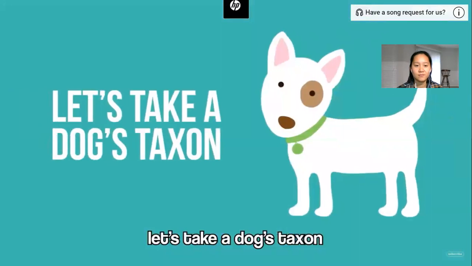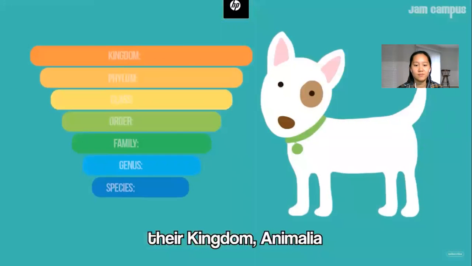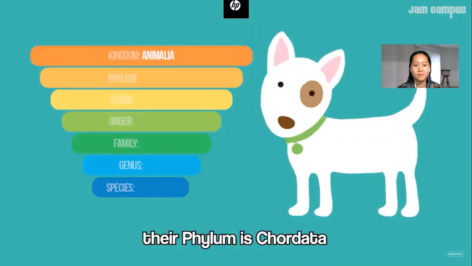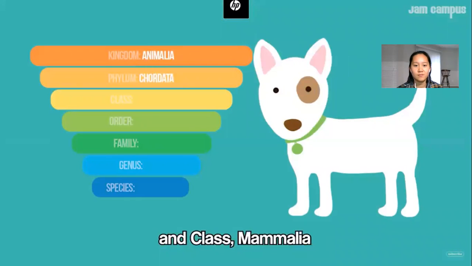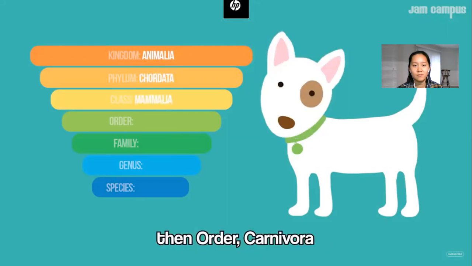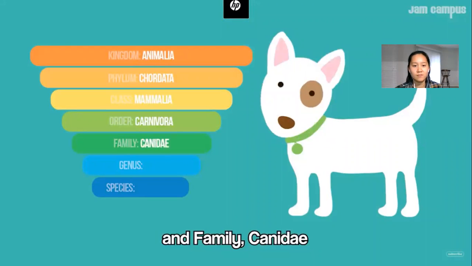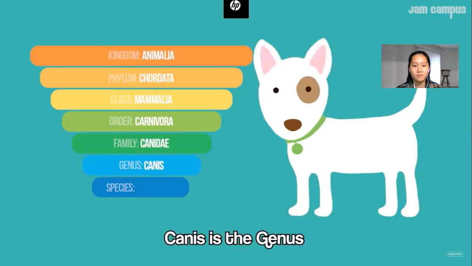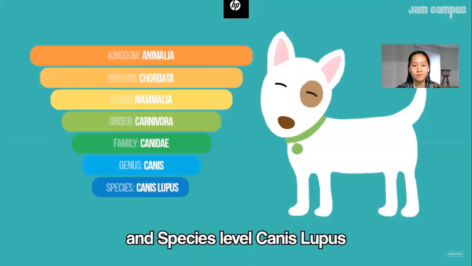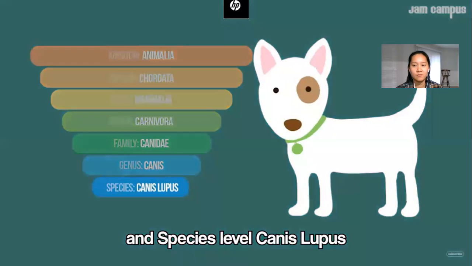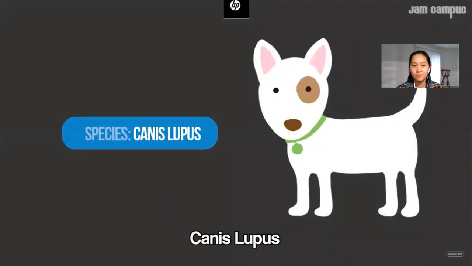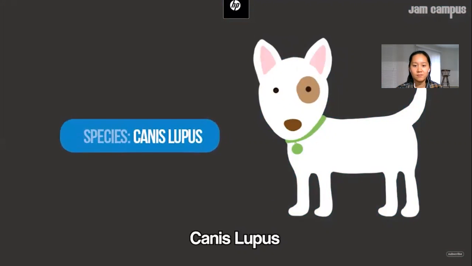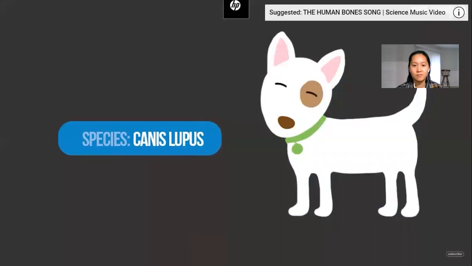Now let's take a large taxon: the kingdom Animalia, the phylum is Chordata, class Mammalia, then order Carnivora, and family Canidae. Canis is the genus and the species is Canis lupus.